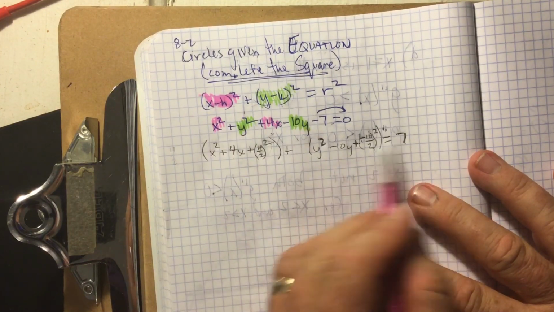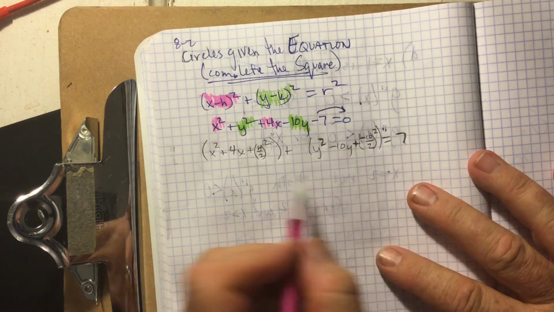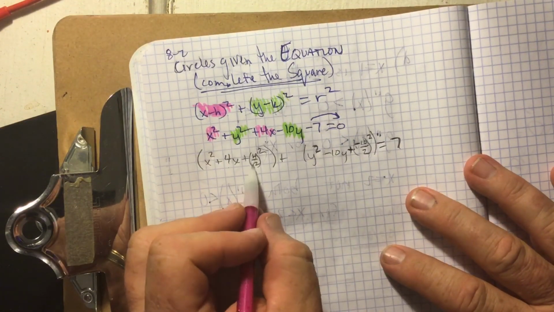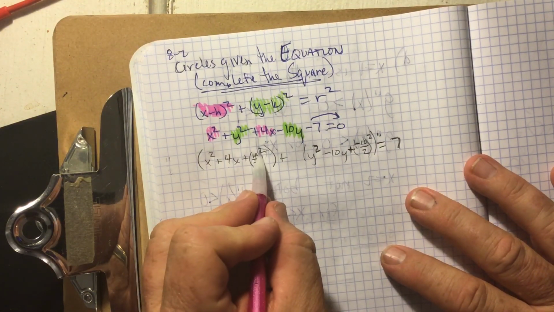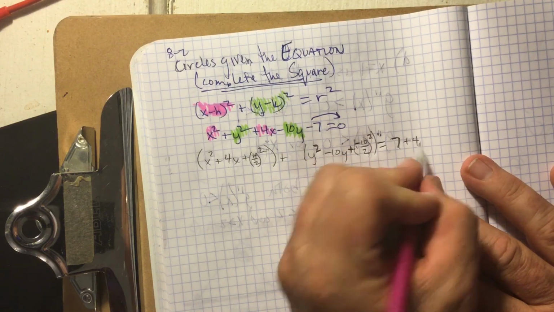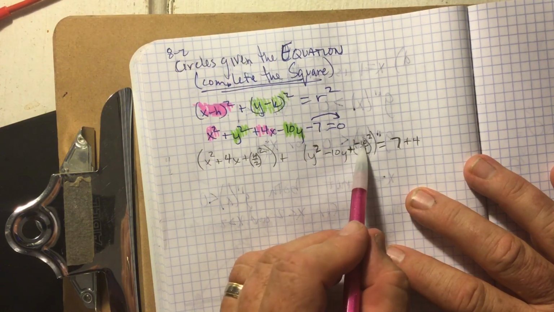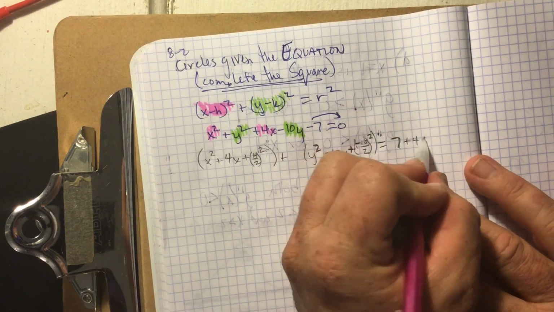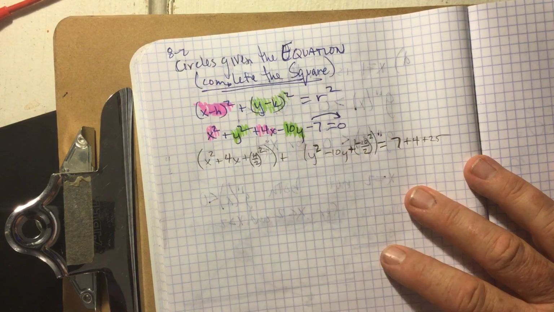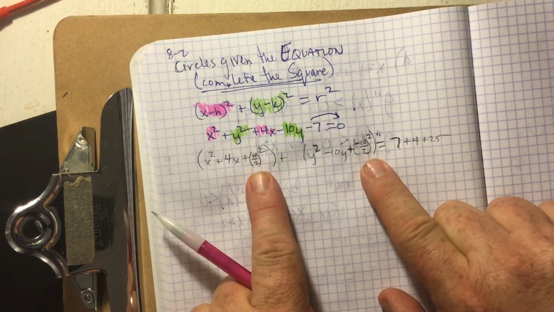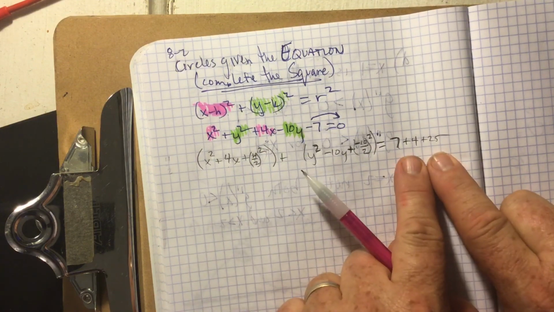When we're dealing with an equation, what we do to one side, we have to do to the other. So if I do 4 divided by 2 squared, that gives me 4, so I have to add 4 to this side. If I do negative 10 divided by 2, that's negative 5 squared, I'm going to add 25 to this side. Okay? So what I added to the equation over here, I'm adding it over there.